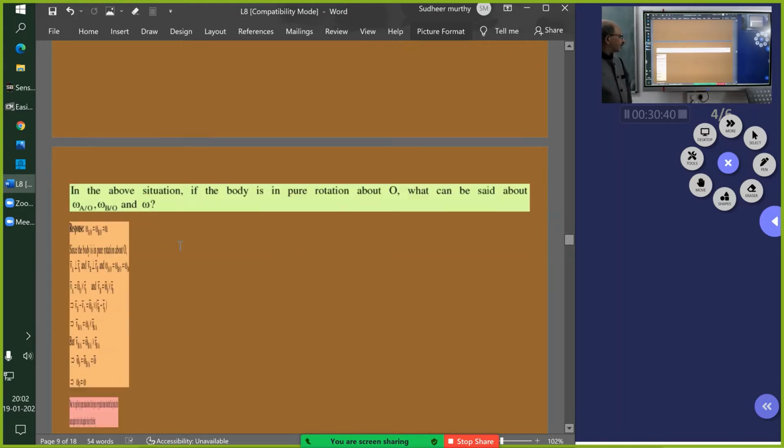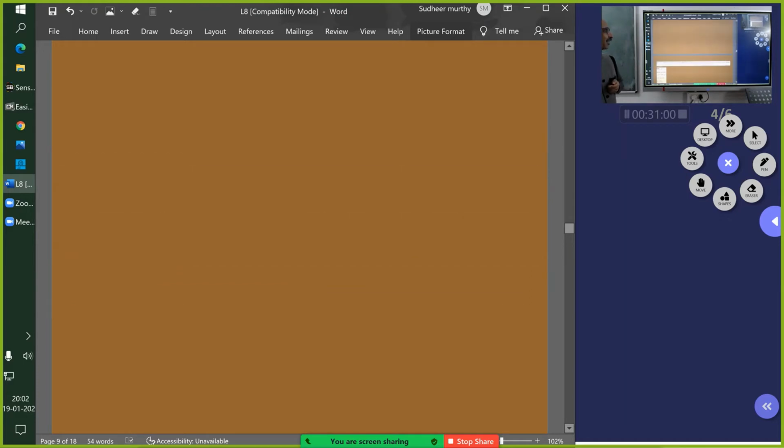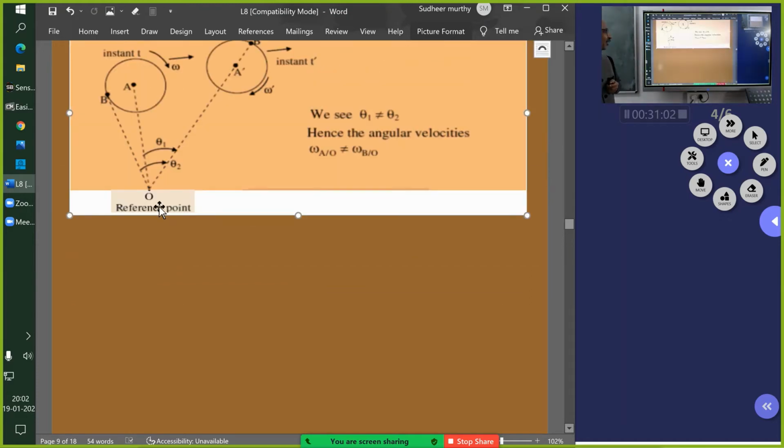So, working with the reference: in the above situation, if the body is in pure rotation about O, then what can be said about omega AO, omega BO and omega? Pure rotation about O, not A. A and B both will have the same angular displacement.